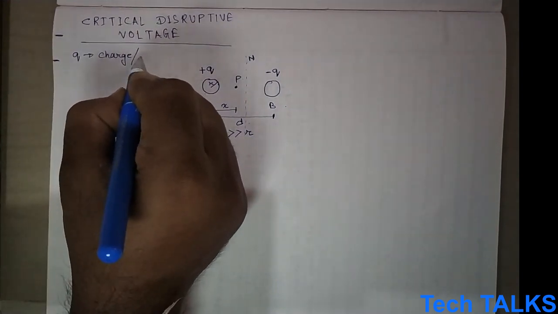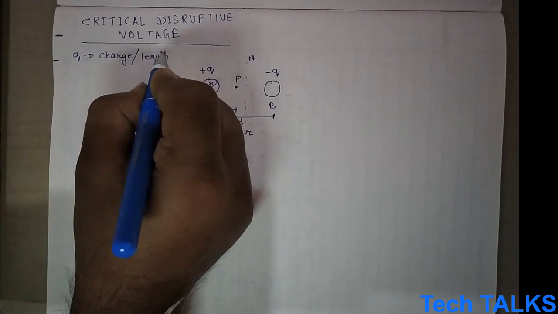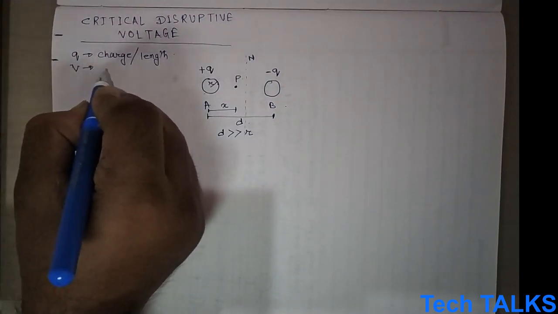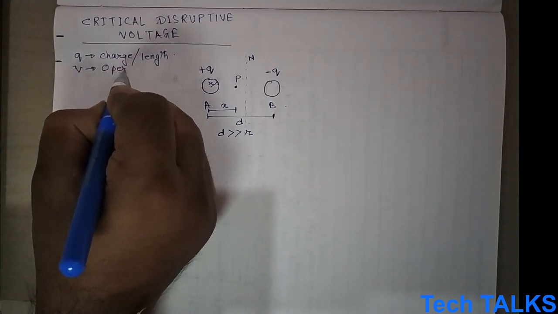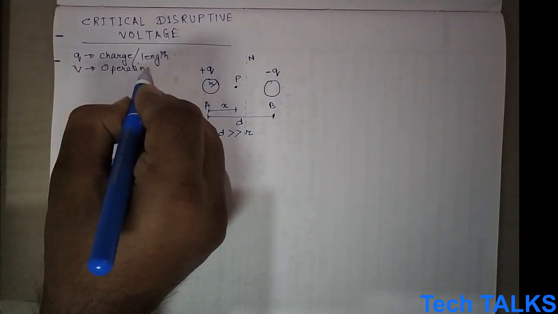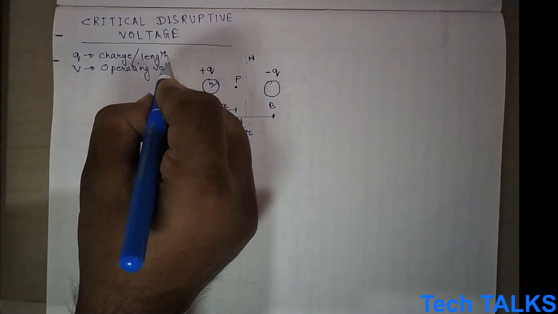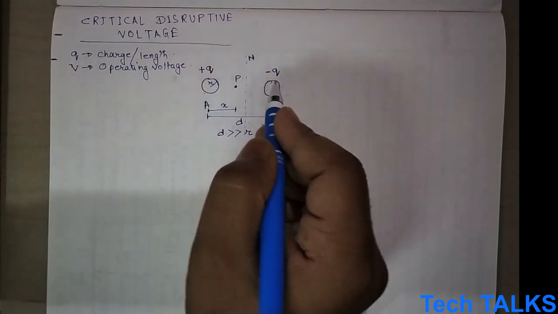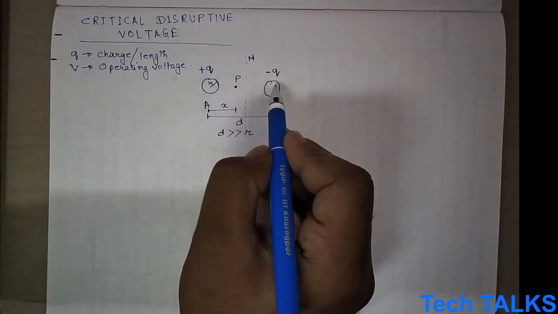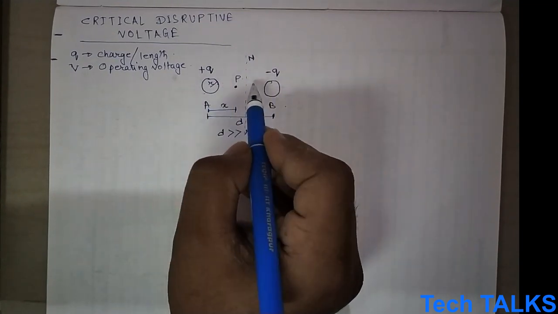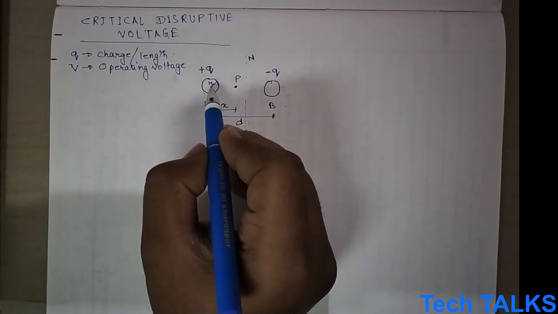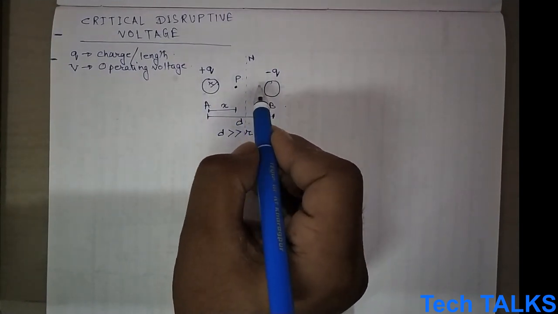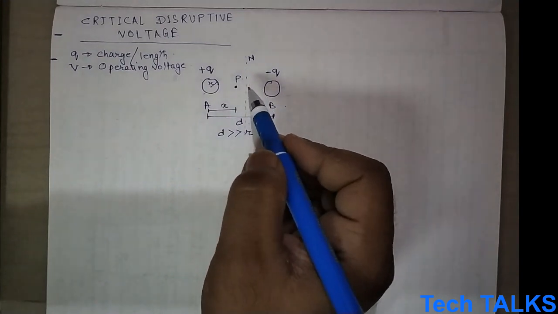Let us consider voltage V, that is the operating voltage. Operating voltage means this voltage is between this conductor and this conductor, voltage V. So the voltage between conductor A and neutral point is V by 2, and conductor B and neutral point is minus V by 2.